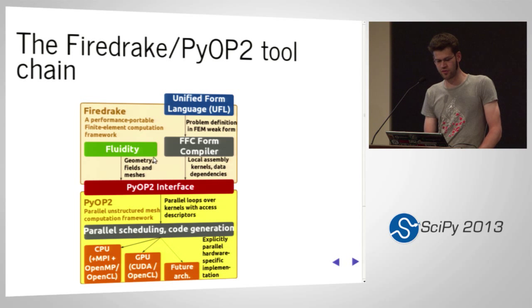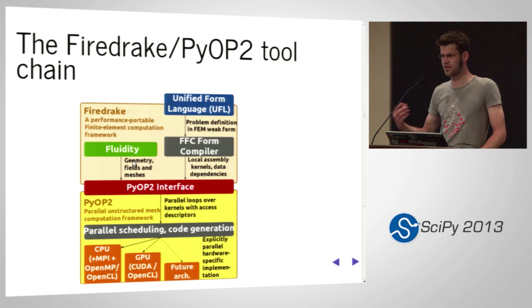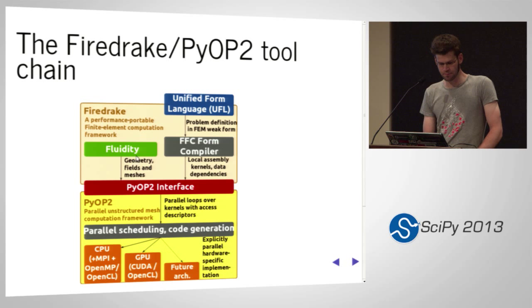Instead of re-implementing all that functionality, we wrap a library called Fluidity, which is a traditional CFD code, which has a Python interface to its data structures, which we've extended. So this is where we get the data from. And this comes together at the PyOP2 layer. And PyOP2 takes care of everything from that point and schedules the parallel computation, as I've just described.